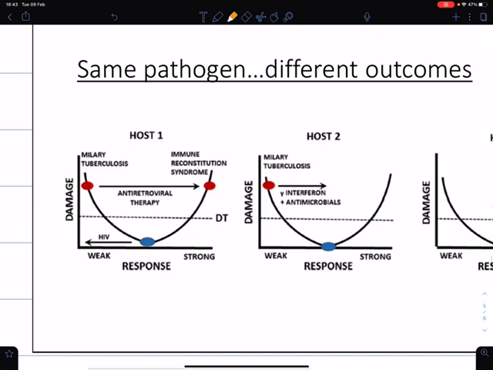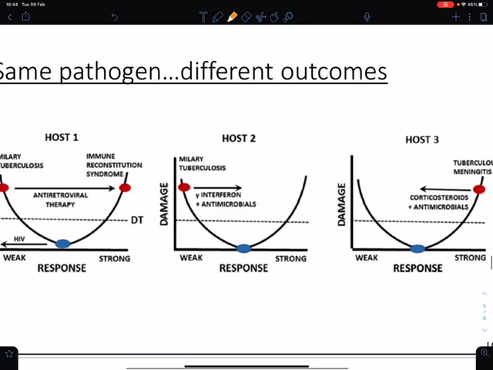Okay, then moving on. Here's the same thing. A person has miliary TB, but also HIV, so antiretroviral treatment will be given. The body will then begin to eliminate the disease, which will lead to a decrease in damage. When it's eliminated, or almost eliminated, then the immune response might get strong and will cause inflammation and also damage to the tissues.